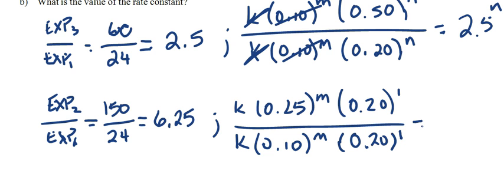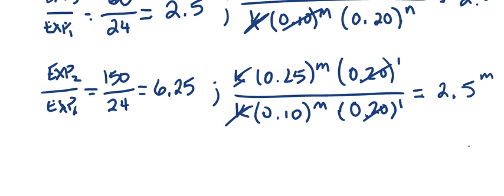So again, cancel out anything that's alike. So these guys are gone, K is gone, the constant remains the same. So we have 0.25 over 0.1, which is 2.5 to the M. And so now we have our rate, which is 6.25, is equal to 2.5 to the M.